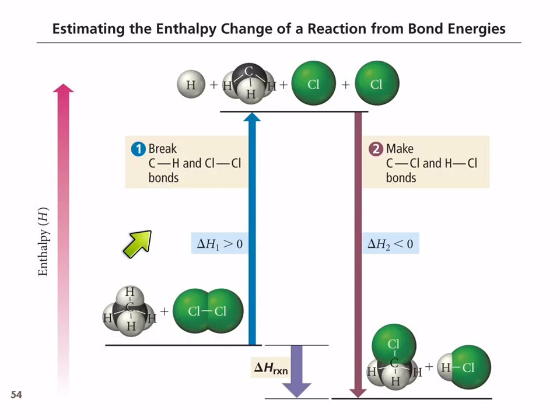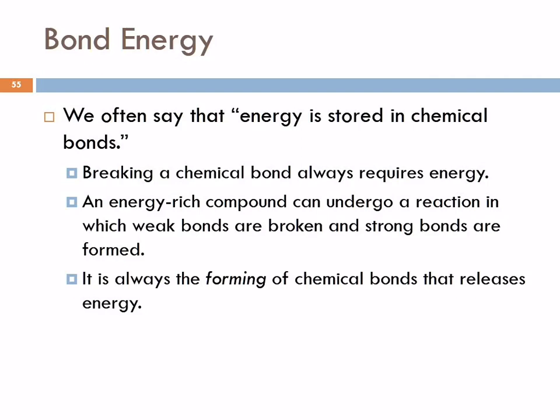Does this look like some diagrams we had earlier? Yeah, same idea. We often say that energy is stored in chemical bonds, right? Why does gasoline power your car? Because there's energy stored in the chemical bonds. It's chemical potential energy.